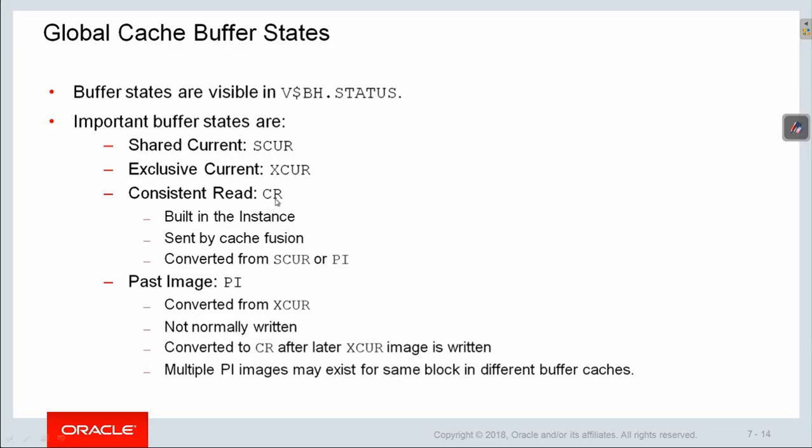Before a user commits a transaction, if another session requests the same block that contains uncommitted transaction data, then a consistent read block must be created. And also a PI block is converted from exclusive current.